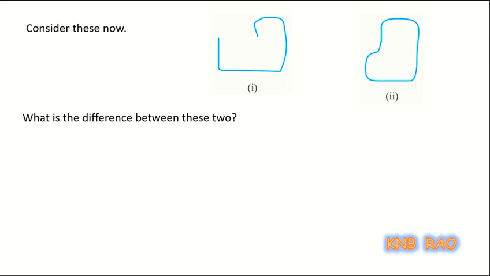If you start thinking quickly in your mind, something comes to mind, that sir, the first one is not meeting, the second one is meeting. Now, what do you mean by meeting, children? What is meeting the other? Now you will say, sir, in the first one, ends are not meeting, whereas in the second one, ends are meeting.